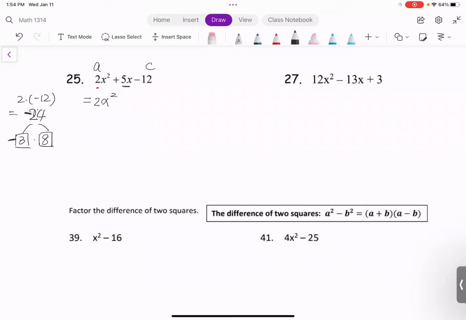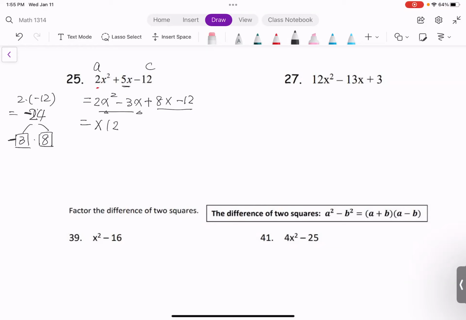2x squared minus 3x plus 8x minus 12. So group the first two and last two. Factor out the GCF from the first two: 2 and 3 have no common factors, or only 1 is a common factor, and there's no use factoring out the 1. So let's factor out the x.